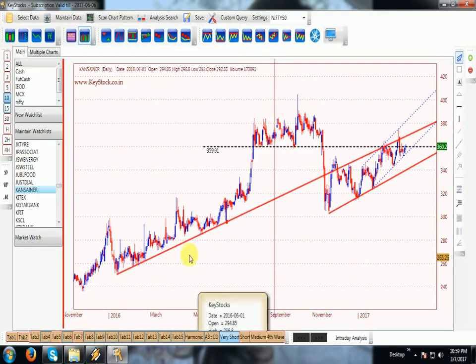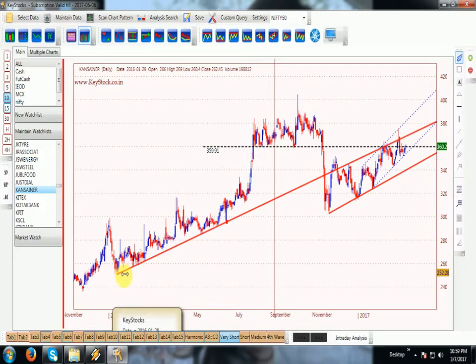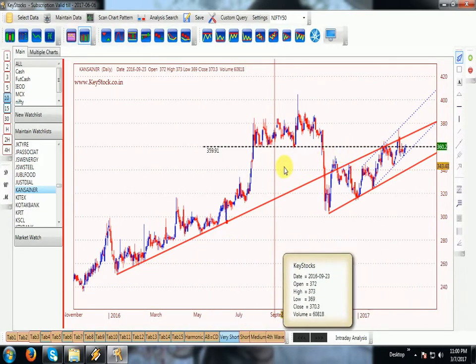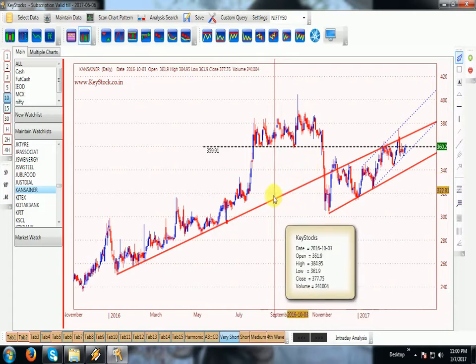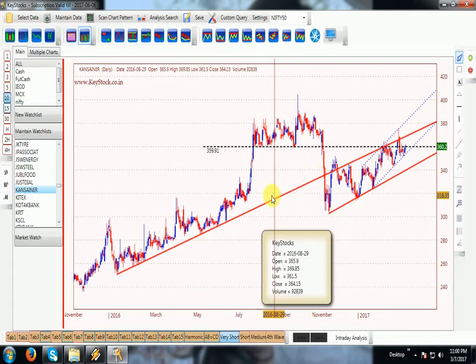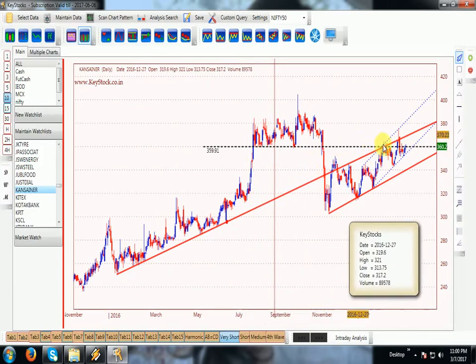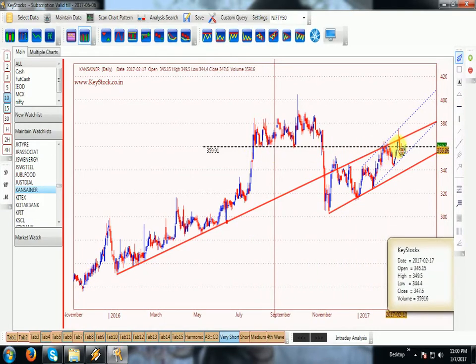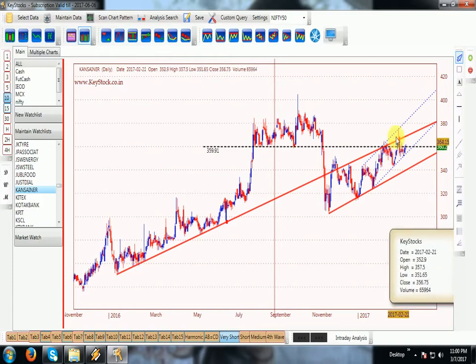Okay, so the trading pattern has some rules. Somewhere the support level becomes the resistance level, or some resistance levels become support after the breakout. We can see here the stock has resistance around the 360 level, and the stock broke out but failed to give a close above this trend line.